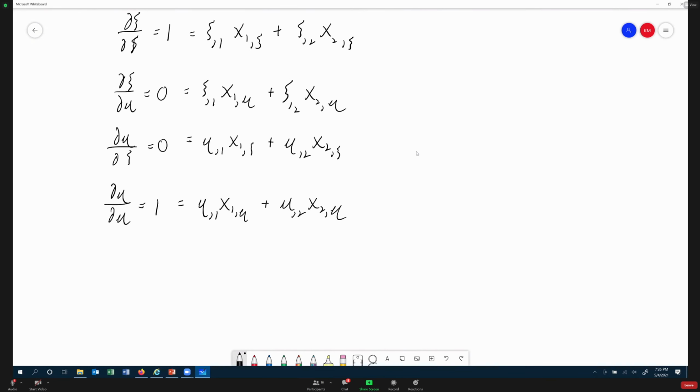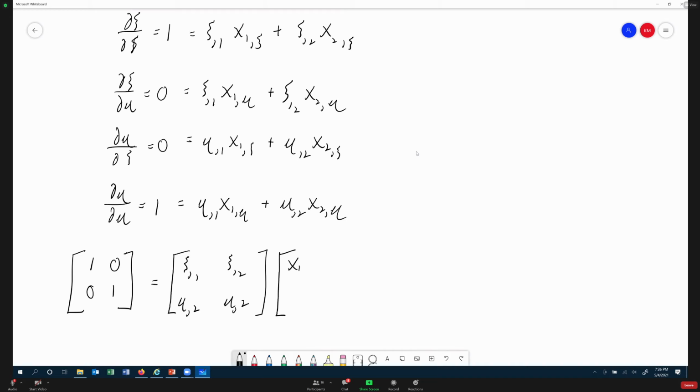So now we get the matrix 1 0 0 1 is equal to C comma 1, C comma 2, nu comma 1, nu comma 2, times X1 comma C, X1 comma nu, X2 comma C, X2 comma nu. You see where this is coming from, these 4 equations?